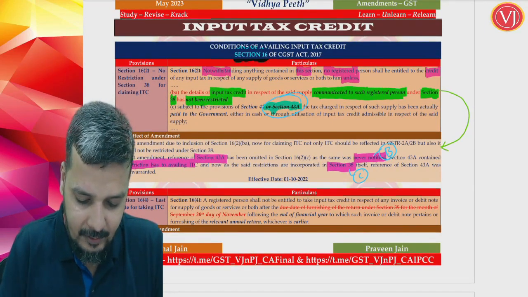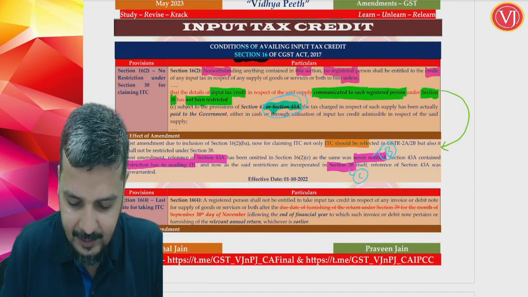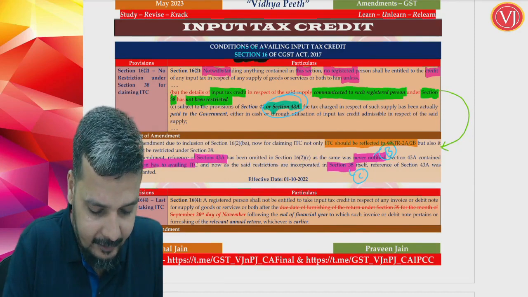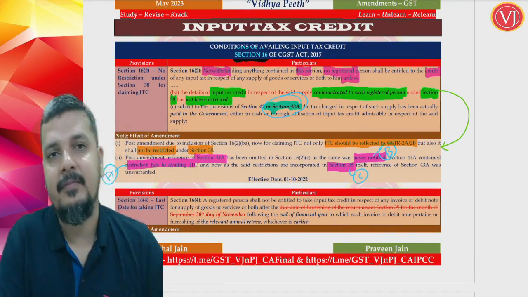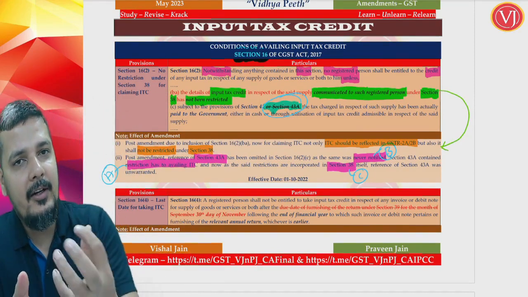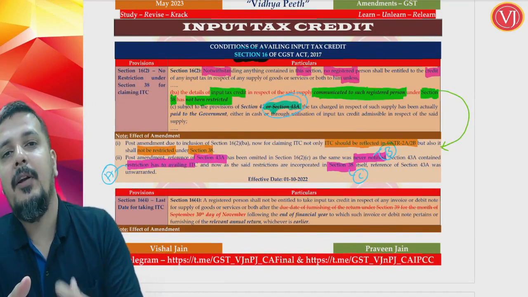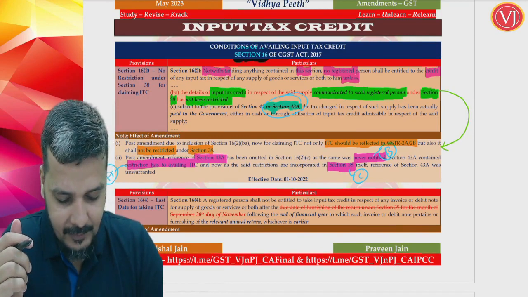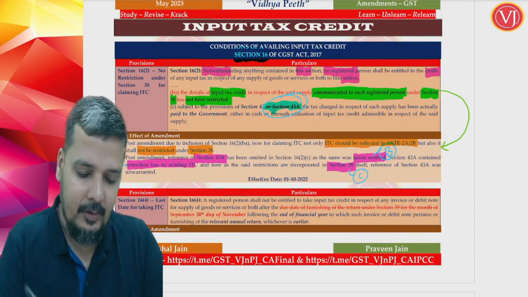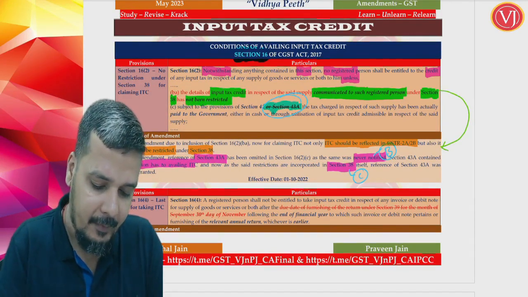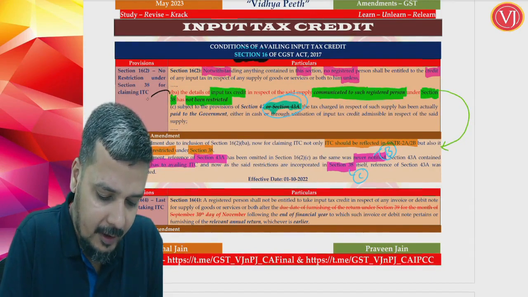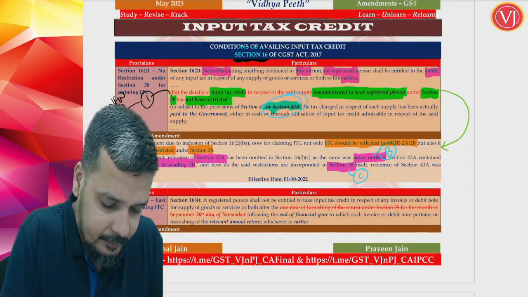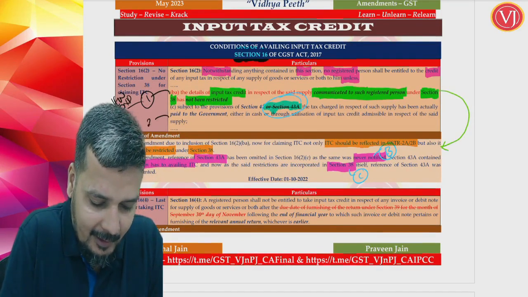Now it is not sufficient that you get the credit in your GSTR 2A/2B, but you should also ensure that the credit has not been restricted in terms of section 38. So these are the two amendments that have been brought in. One, a new condition being added, and second is a mere correction.